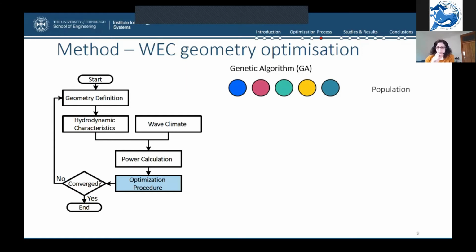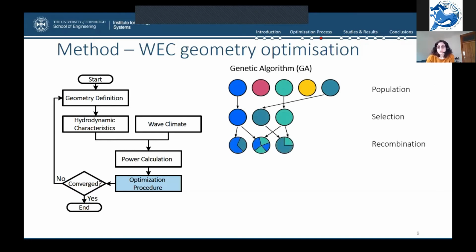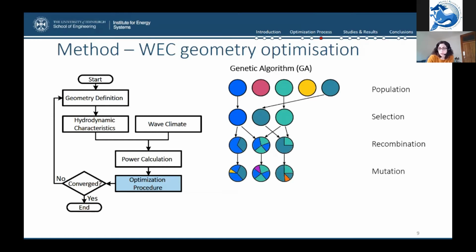And the better performing geometries are then selected as parents that will recombine and generate children. These children will carry genetic information from each of the parents, and some of the genes will be mutated.